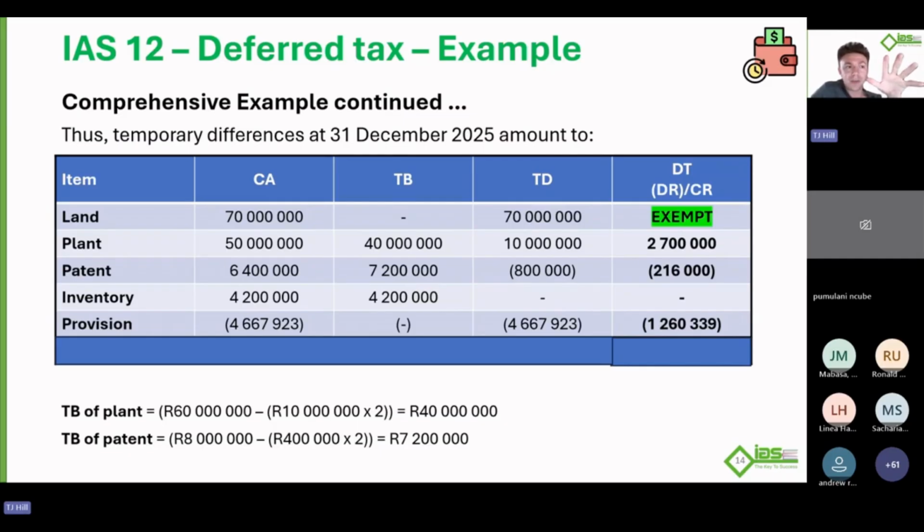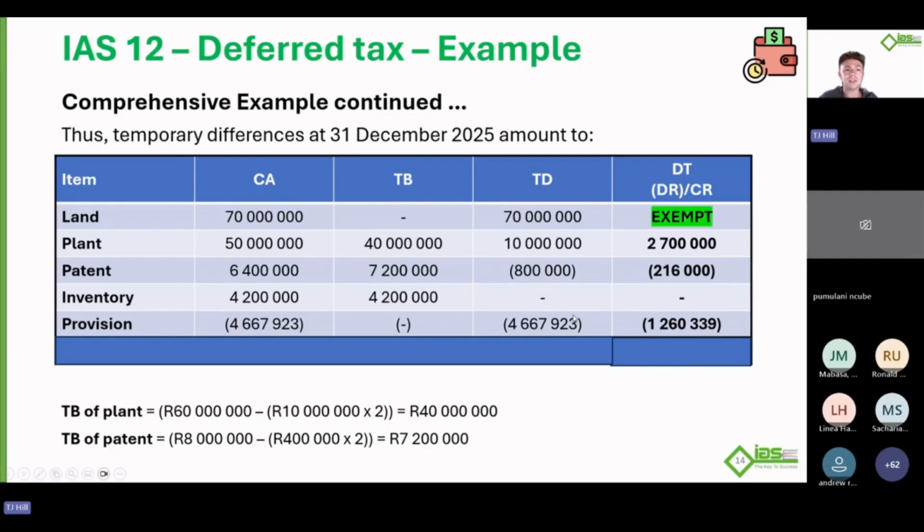Maybe in a question paper, we're going to give you something where you might have to still calculate it a little bit. But normally you would have already done all of that. You just pop the carrying amount at the end of the year in there. Then for each asset and liability, you determine the tax base. Then, by following the diagrams we did last week, you get your temporary difference.